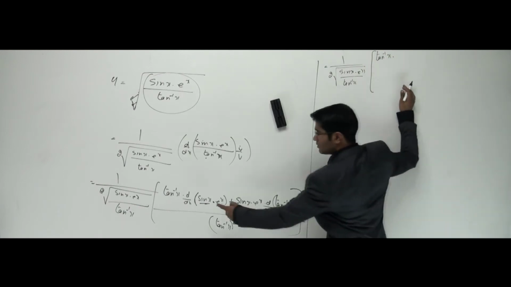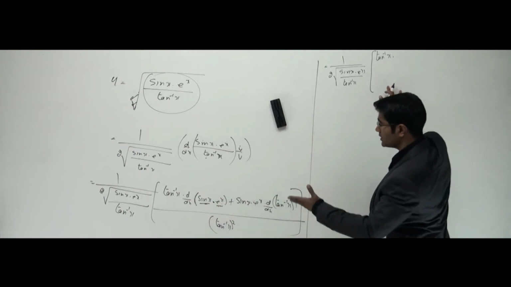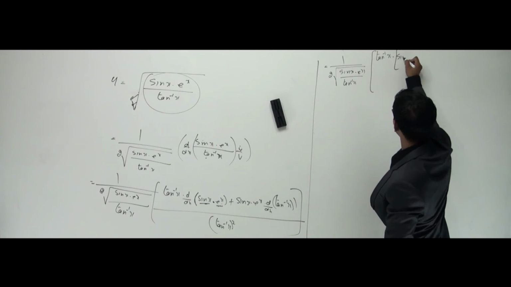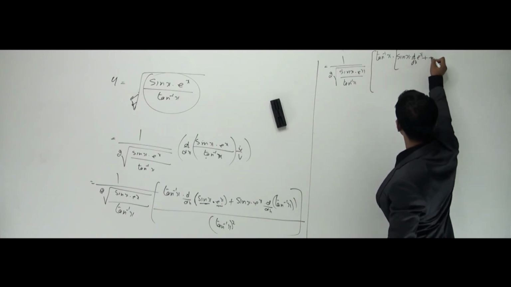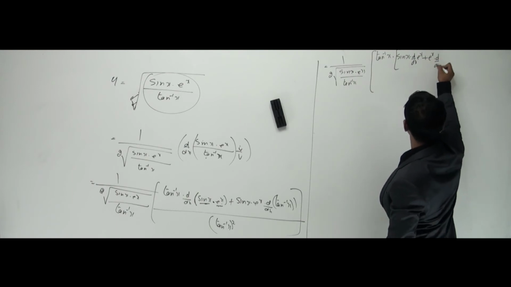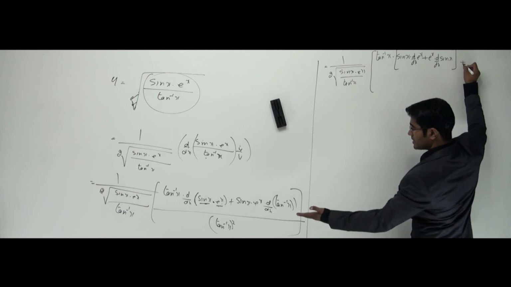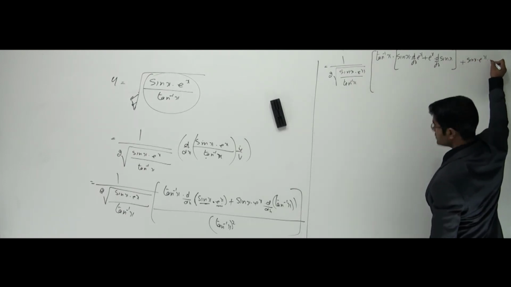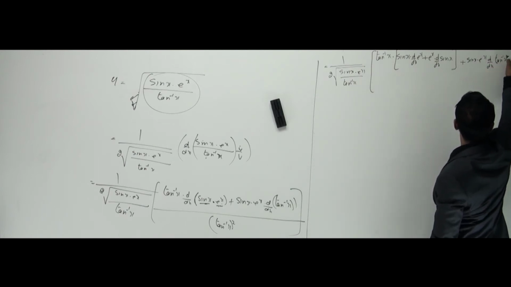Now here I have a differentiation sign. So now here there are two functions. So I need to separate them again. That is sine x into differentiation of e power x plus e power x into differentiation of sine x. Yes, I separated these two guys again, plus I have sine x into e power x into differentiation of tan inverse of x. I'll do this in the next step.